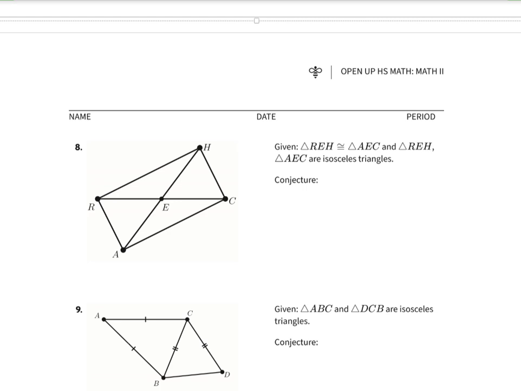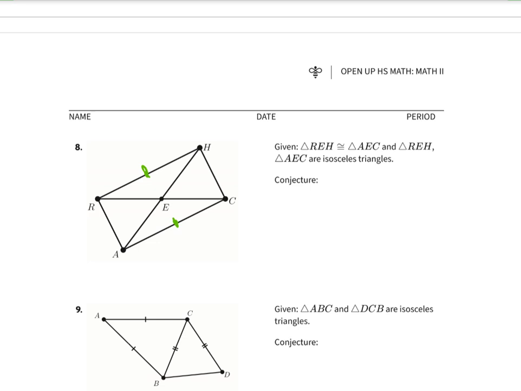Number 8. So number 8, we got a couple of things. REH and AEC are congruent triangles, so we get this and this. REH and AEC.